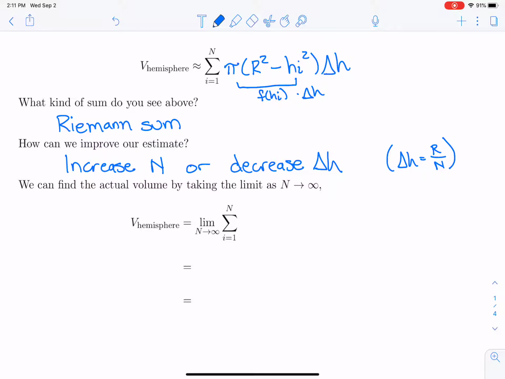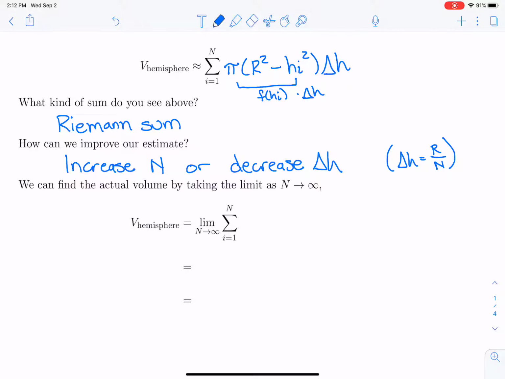So we can find the true volume by taking the limit as n goes to infinity. So the limit as n goes to infinity gives us infinitely thin disks or cylinders. And because we're using those infinitely thin cylinders, when we add up all of those infinitely thin cylinders, we'll get the exact volume of the hemisphere.